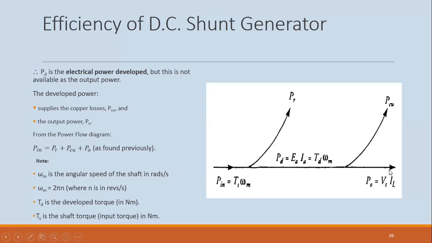So again, that is not the output torque eventually. It's just a developed kind of potential torque. And shaft torque is what is actually getting the machine to rotate in the first place. So the torque that is input into the shaft.